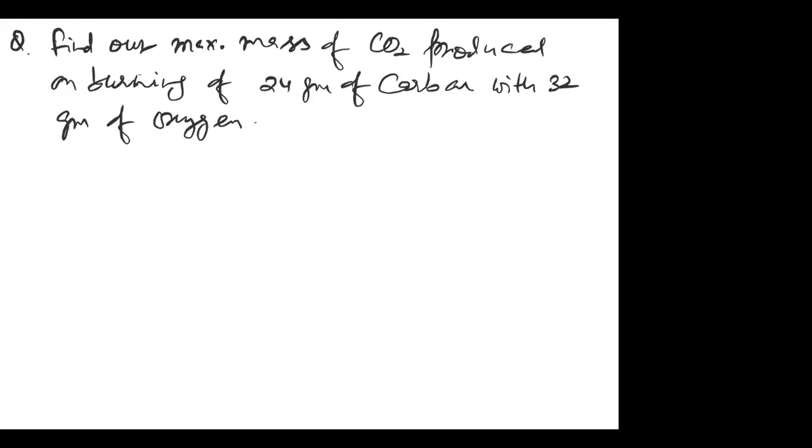Here, as per the reaction, carbon has to combine with oxygen and it can produce CO2. Now, as per stoichiometry, it is simple. It is a 1:1:1 ratio, and 24 gram of carbon is given, 32 gram of oxygen is given.